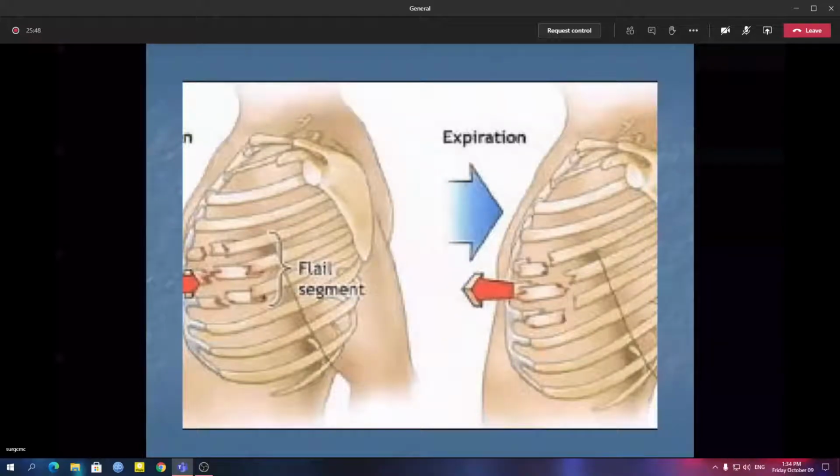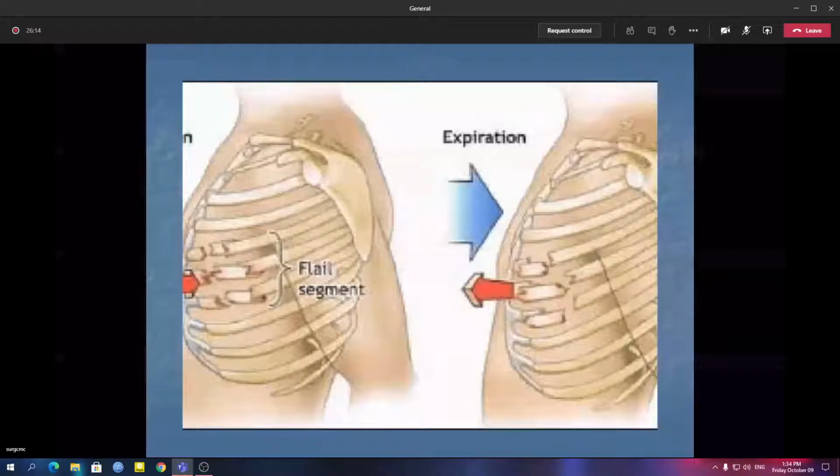Yes, sir. Negative pressure means positive pleural pressure is being created. When positive pleural pressure is created, the entire lung is drawn in, but this thing is pulled out. And when you have positive pressure within the lungs, this thing is moved in. It sucks in. That is flail chest.